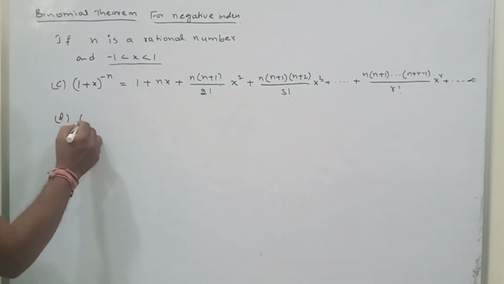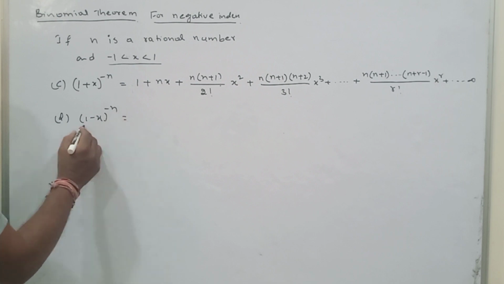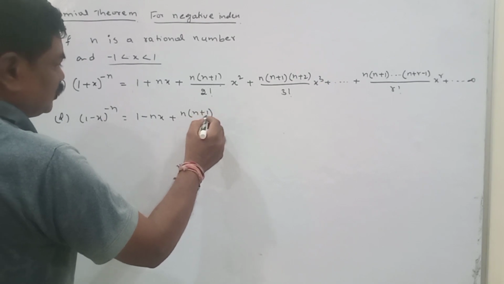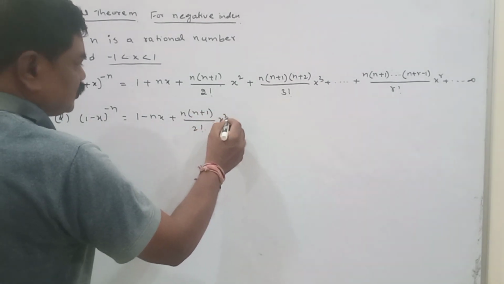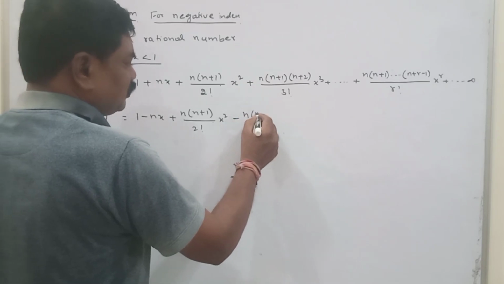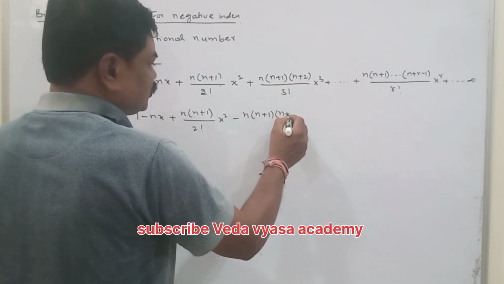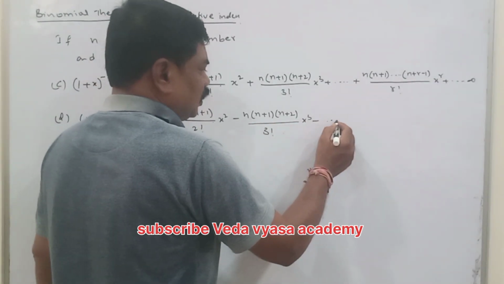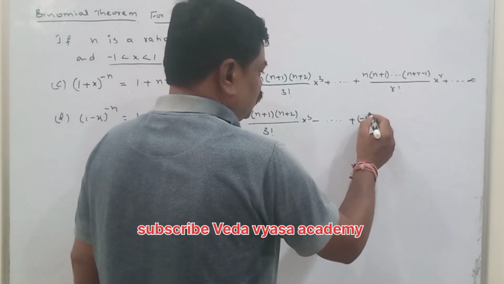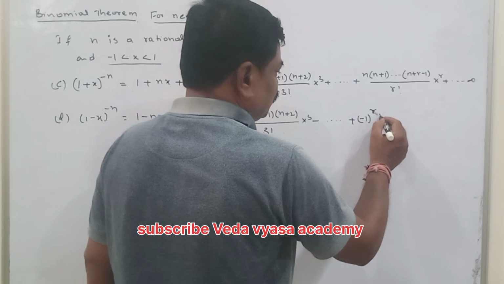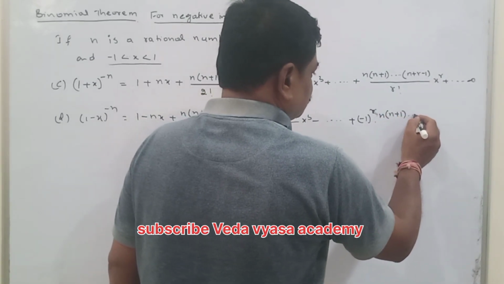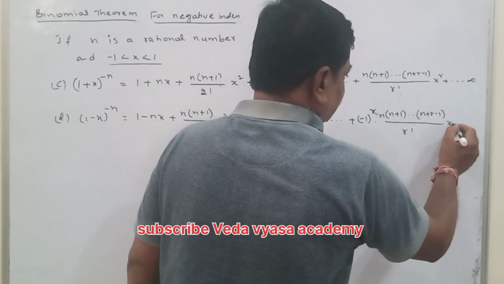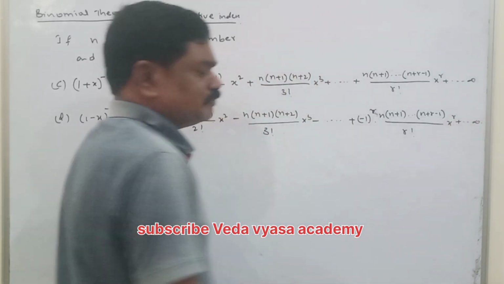Next, (1 − x)^(−n) = 1 − nx + n(n + 1)/2! x² − n(n + 1)(n + 2)/3! x³ − and so on + (−1)^r n(n + 1) and so on (n + r − 1)/r! x^r + and so on up to infinity.